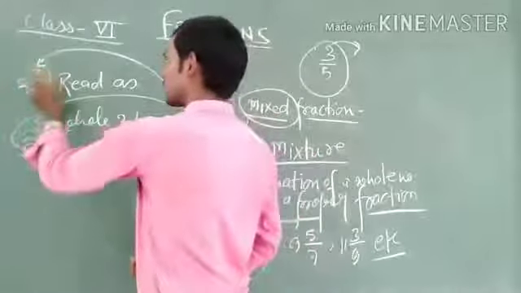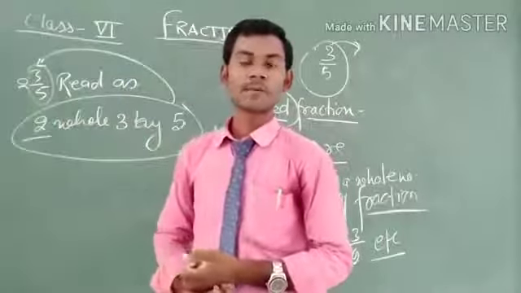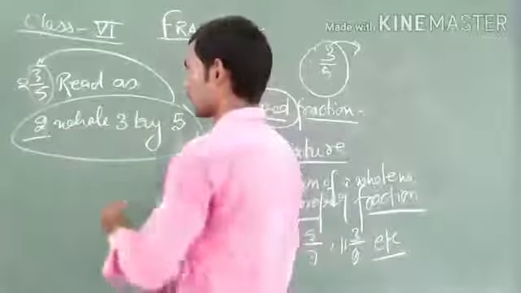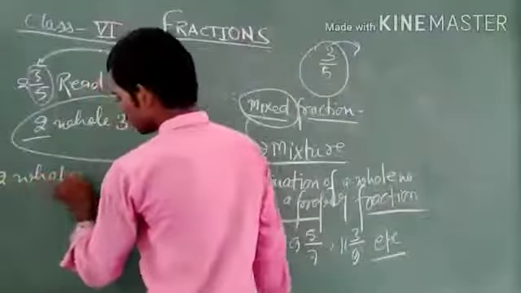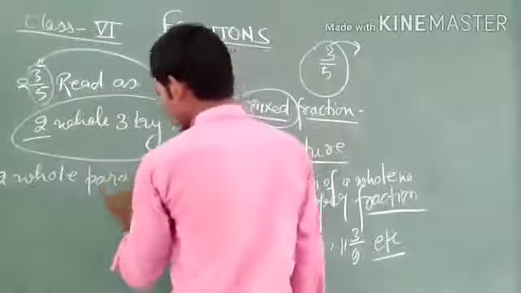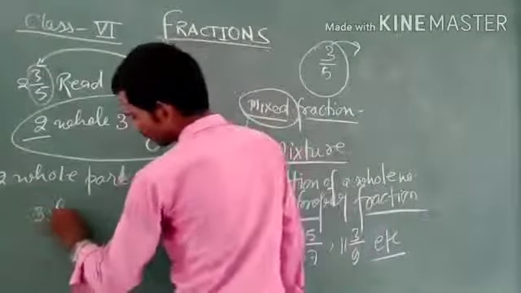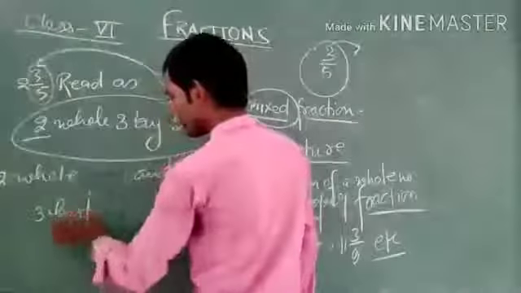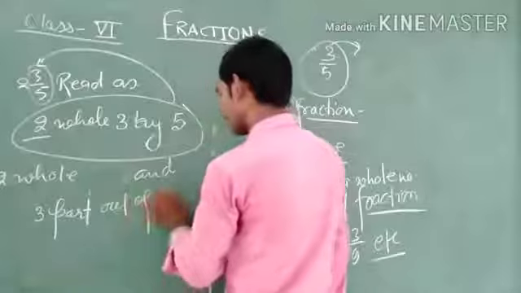And the proper fraction 3 upon 5 means 3 parts taken out of 5 parts. So we have 2 whole and 3 parts out of 5.